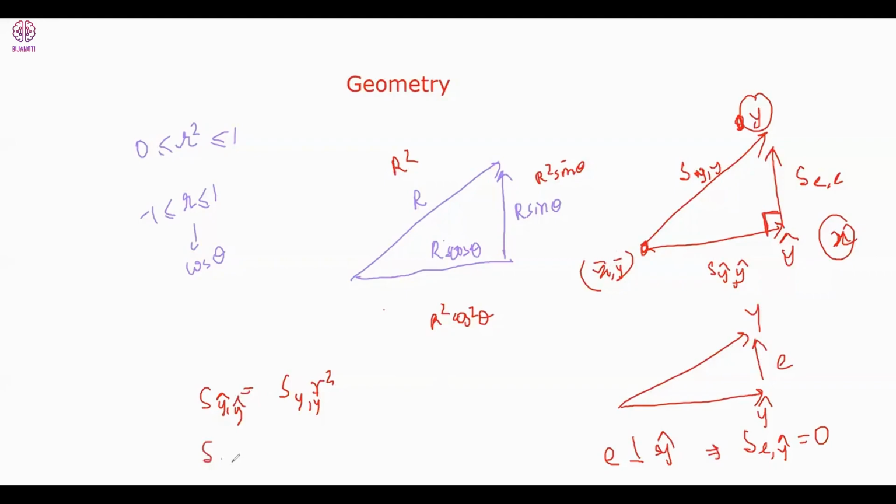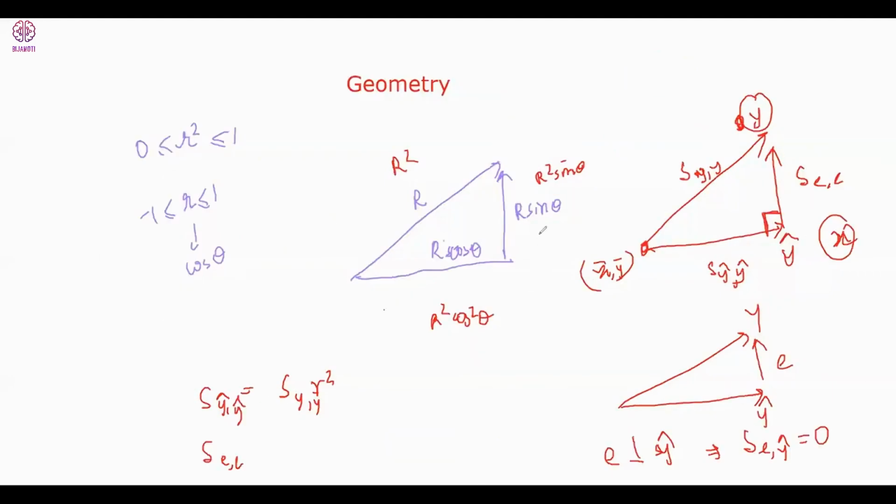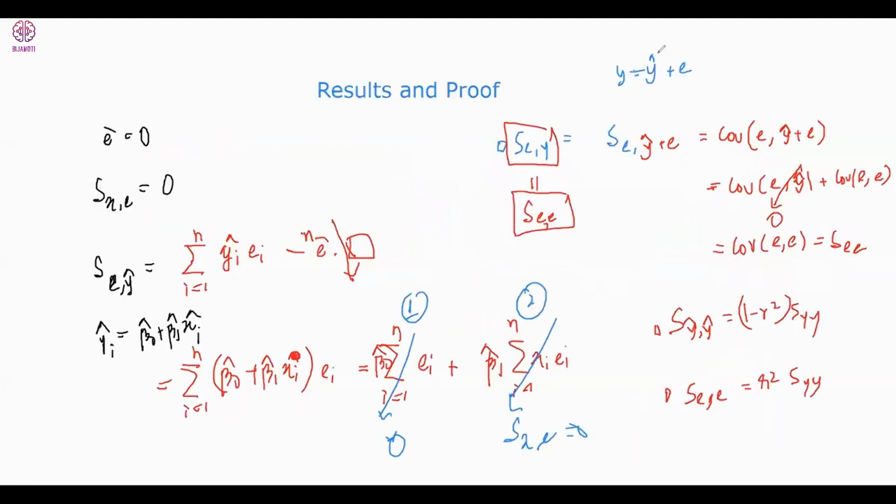And therefore S of e comma e, am I doing it right? Oops, it will be 1 minus r square, I guess. It will be sin theta or something like that. So essentially you got the idea: this is 1 minus r square, and this will be r square into S yy. I have done it correctly before.